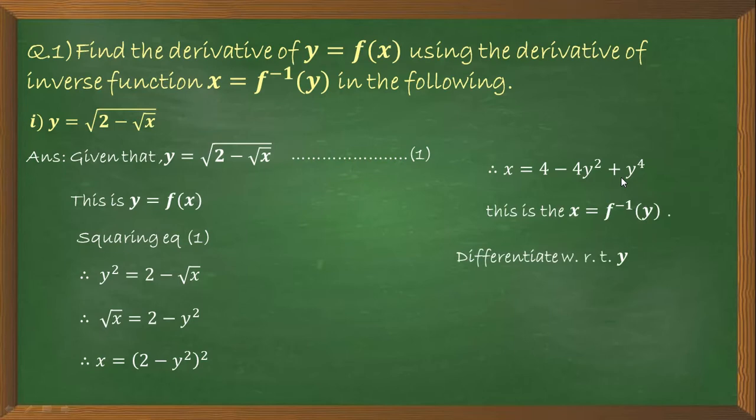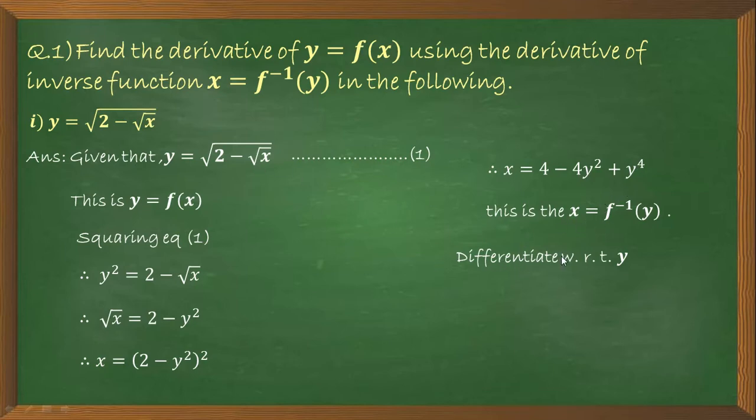So this is x is equal to f inverse y. So remember, whenever the function is given as y is equal to root of 2 minus root x, then by some mathematical steps we get x is equal to 4 minus 4y square plus y raised to 4. It is the inverse of this given function.